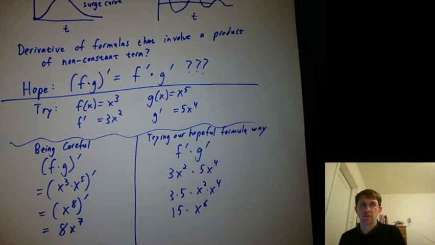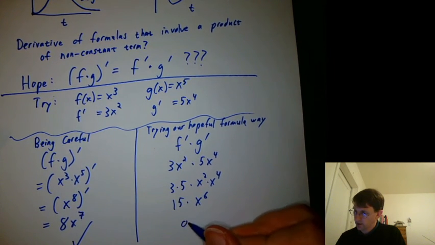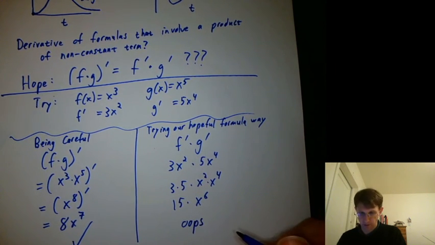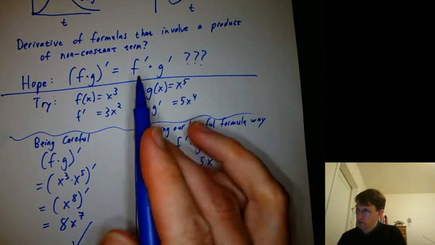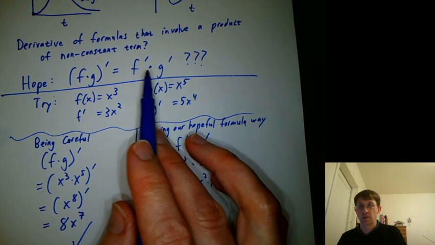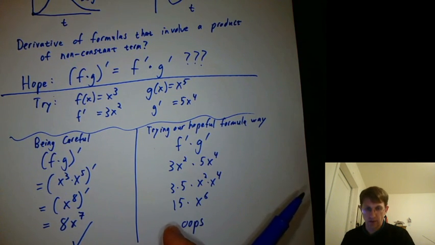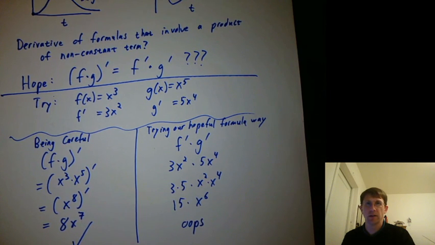Which way do you think is better or true? It turns out that this is right, and sadly, this did not work out. So apparently the product rule for the derivative of a product is not just take the product of the two terms. So in our next video, we'll derive what it is based on a silly little situation, but at least it's simple.